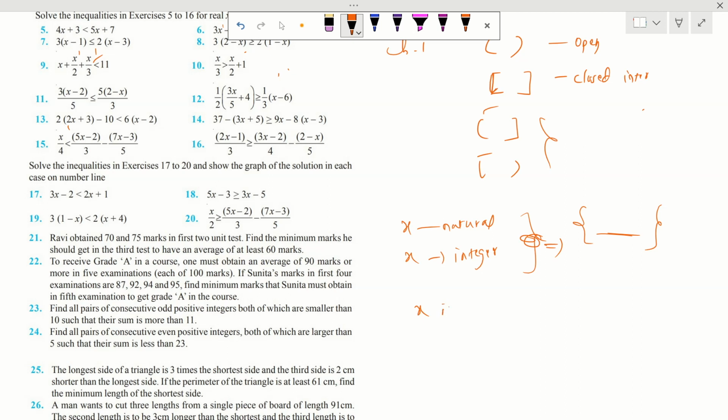For x a real number, the solution is represented as an open interval, a closed interval, or a combination of open and closed intervals. Just remember this: natural numbers and integers are represented in a set, and the solutions for real numbers in intervals.